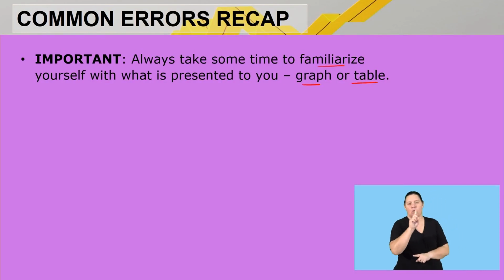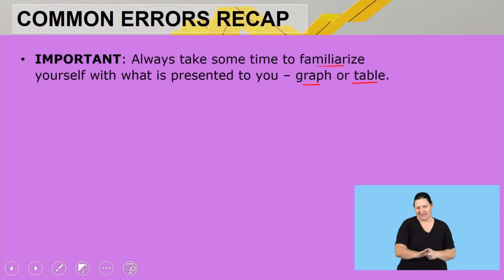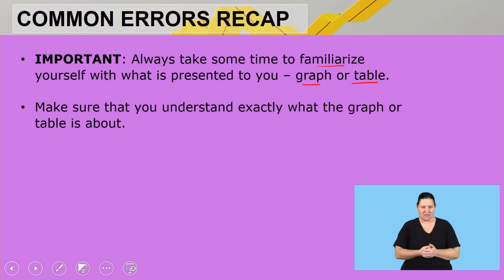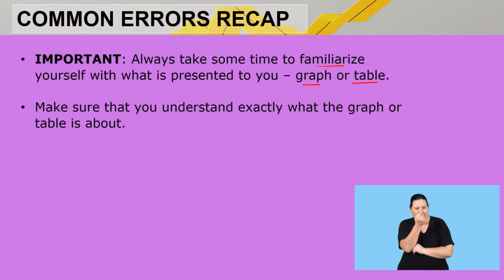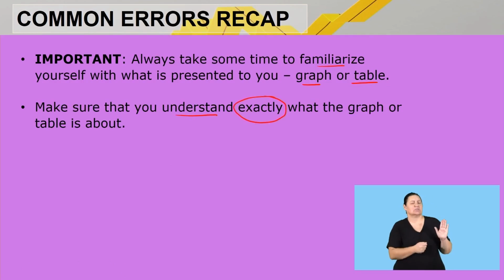Like you've seen in the lesson, I first looked at the table and I thought, okay, this is the price, the other part is percentage change, for example. Look at what your graph is all about, for example, the San Francisco Marathon. So please familiarize yourself. Then make sure that you understand exactly what the graph or table is all about. That speaks to familiarizing yourself.